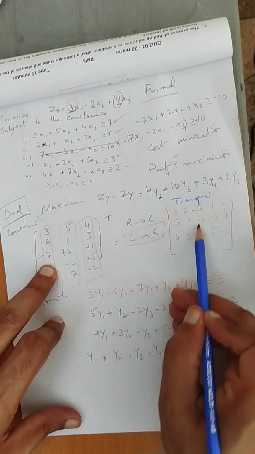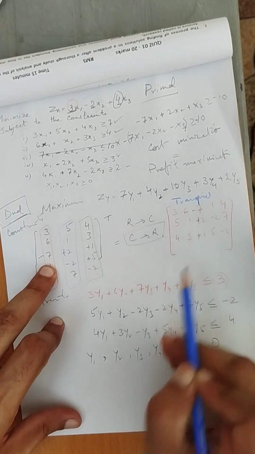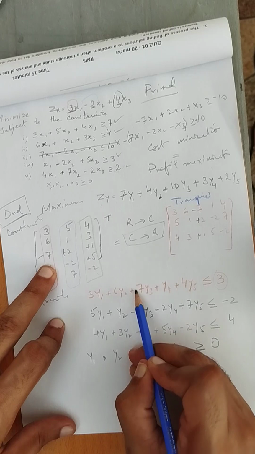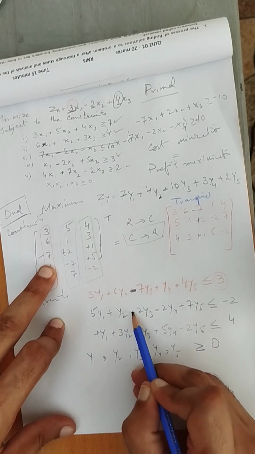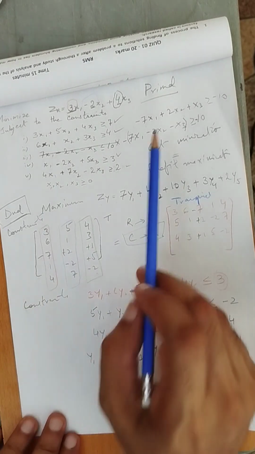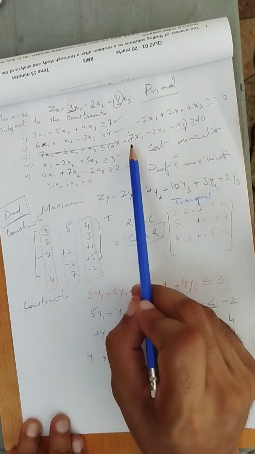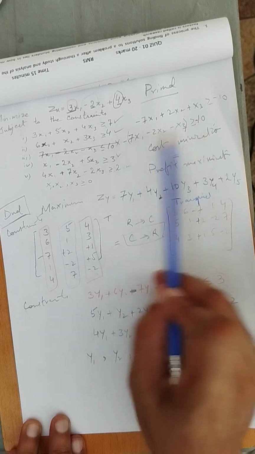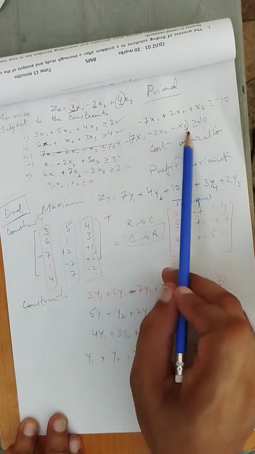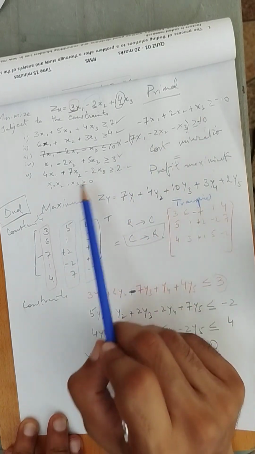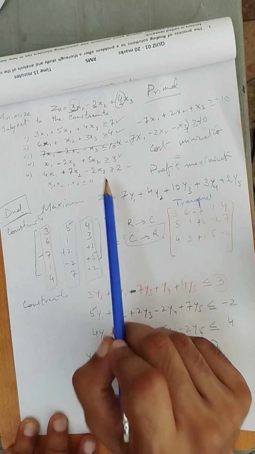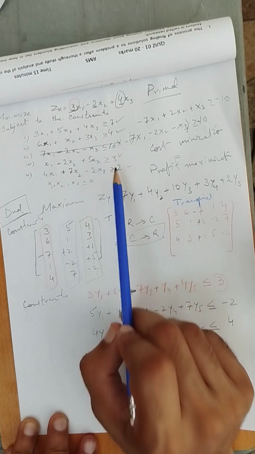Likewise over here, minus 7 plus 2 plus 1. So we are done. What I overlooked over here was the minus sign. The minus sign must always be there whenever you convert inequalities. So it was done over here. You see the rest of the inequalities were as per the canonical rule.